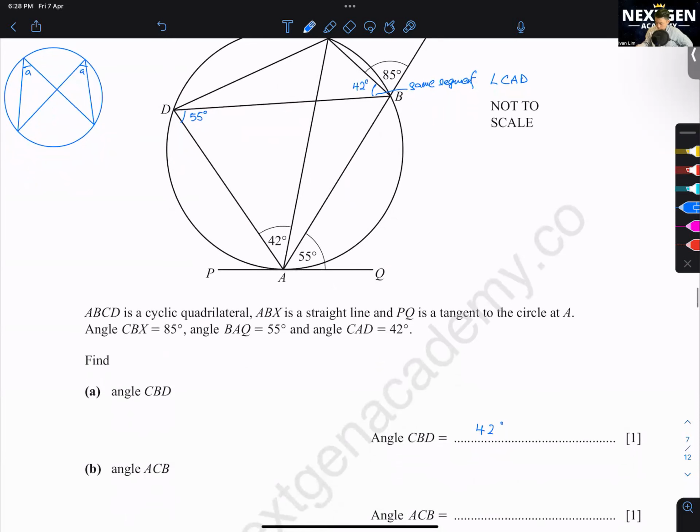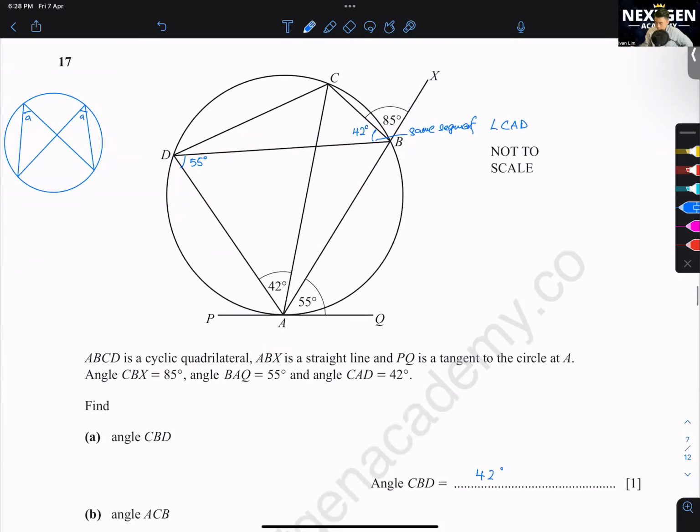All right, next one. Angle ACB. 180 minus 42 minus 85. You are finding this one, right? Same theory as well.